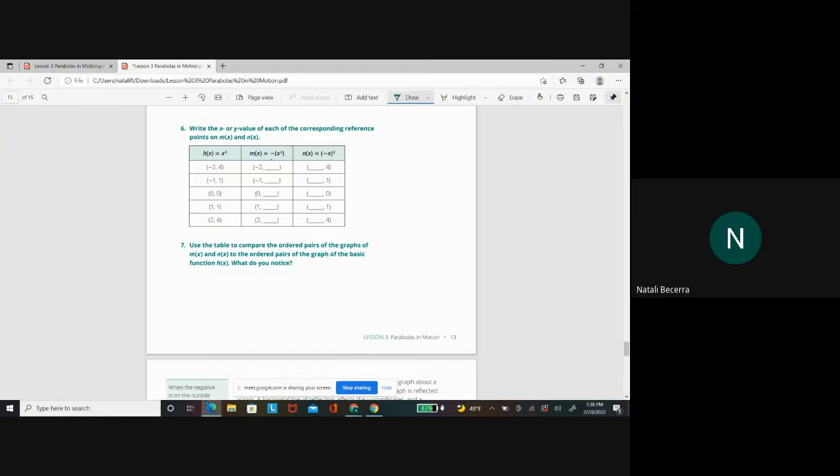So that means that the y value is changing. So it's going to be the opposite, negative 4. This one was negative 1. It's going to be negative 1. 0 stays as just 0, right?